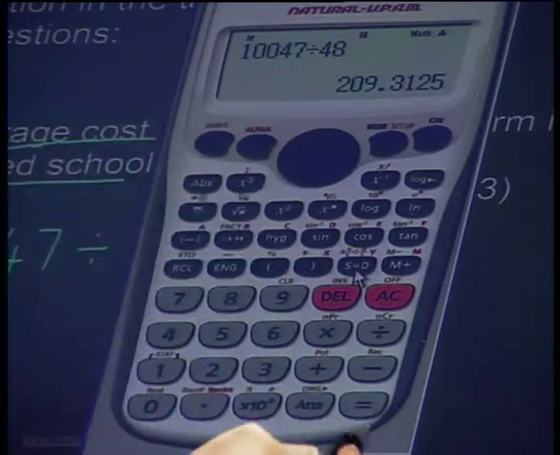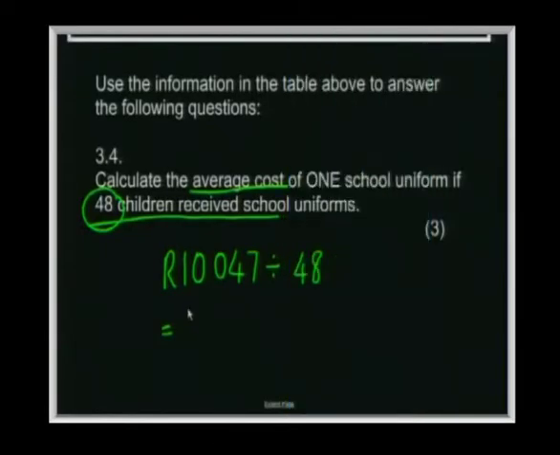Remember, money always has two decimal places, so even if they don't tell you, you need to always round to two decimal places. So it's going to be 209 and 31 cents. That's for one uniform.